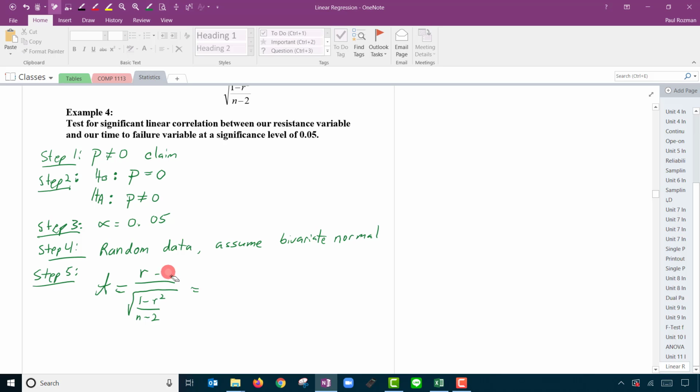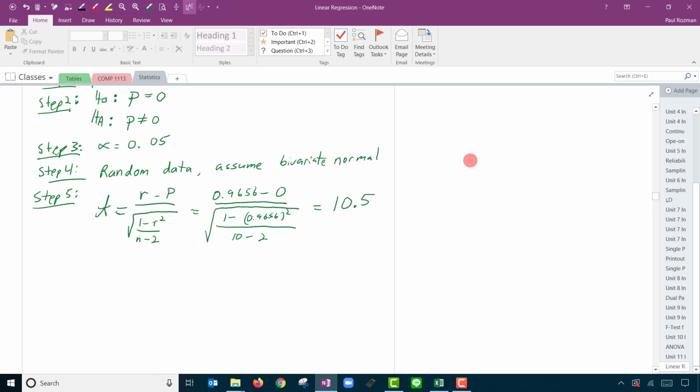I added in the formula above; I didn't have the rho in it because the test is always null hypothesis rho equals 0, but our r value is 0.9656, and then we're subtracting 0. And I believe we had 10 pairs, so it'll be 10 minus 2. And we get a test statistic of 10.5. That's a crazy big t.